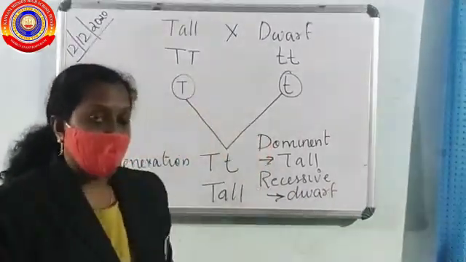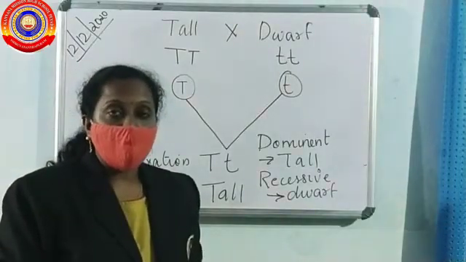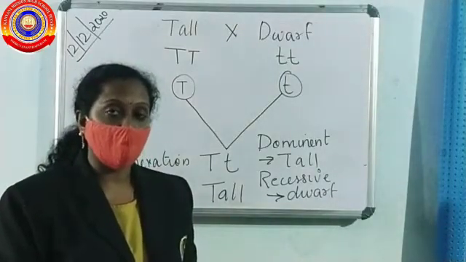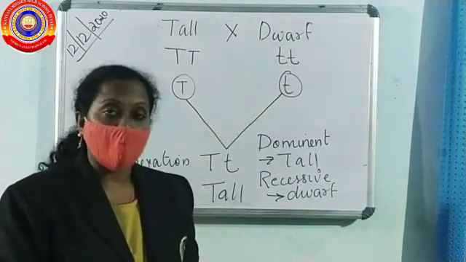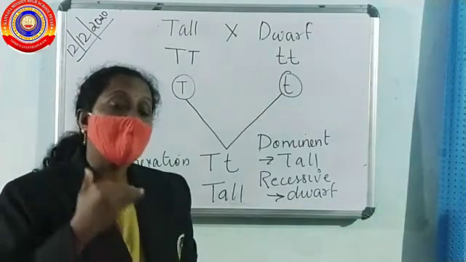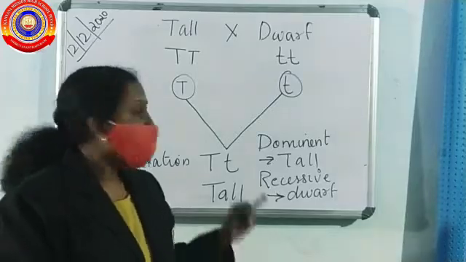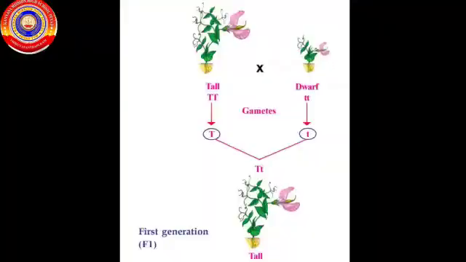Once again, in the F1 generation, only one character is expressed, that is tall, which is dominant, and the other is hidden, which is recessive, that is dwarf. So, in the F1 generation, one character is expressed, that is tall, and dwarf is hidden.